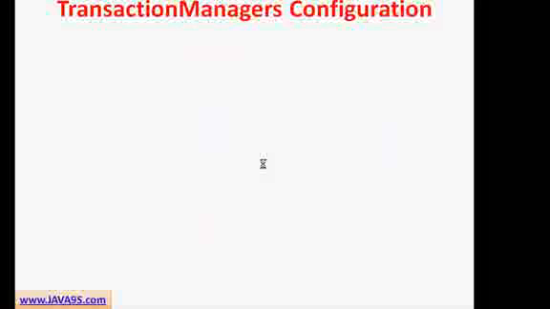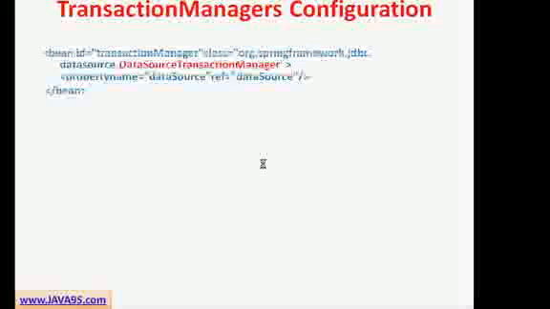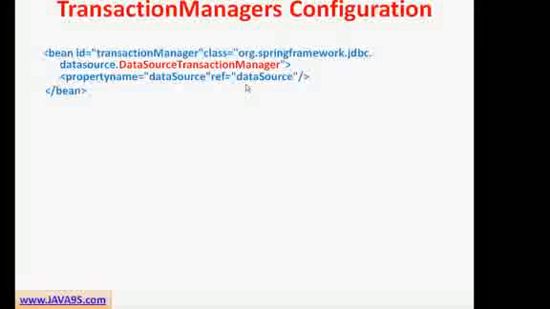And let us look at these transaction manager configurations on a high level. If you look at the configuration, I'm configuring the data source transaction manager here, which needs a data source to tell about the transactions that need to be maintained on a particular connection, because the transactions are opened on a connection and the data source is responsible for getting the connection for us.